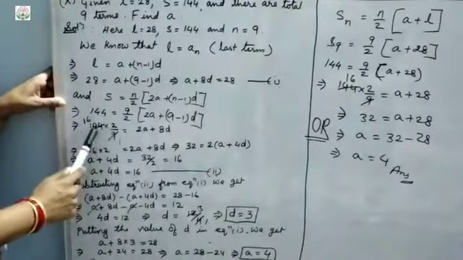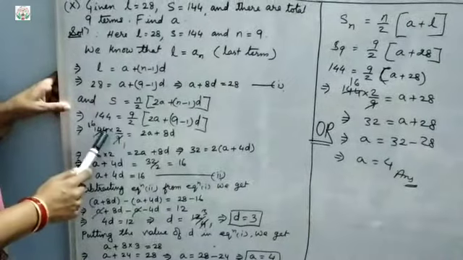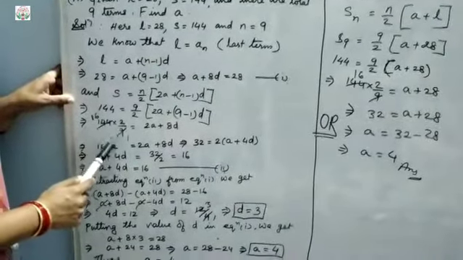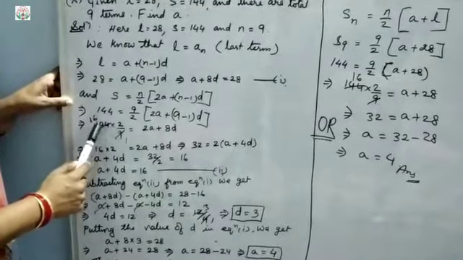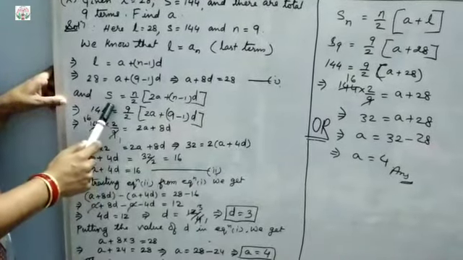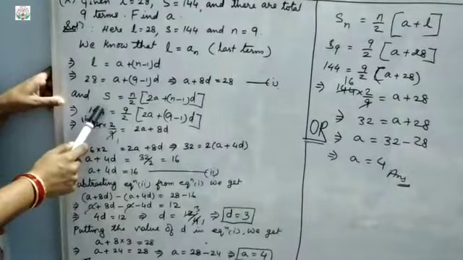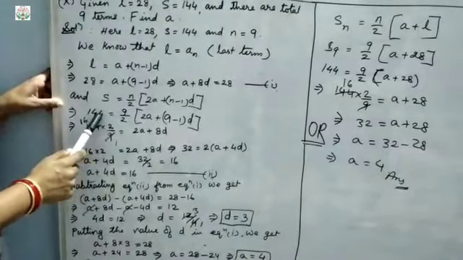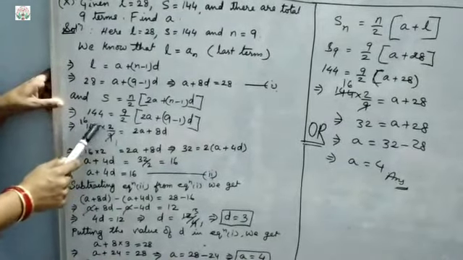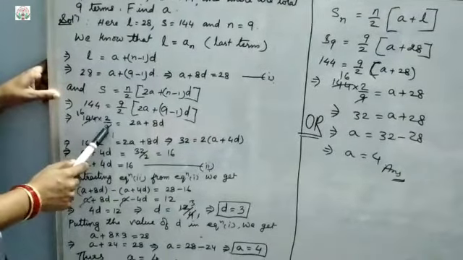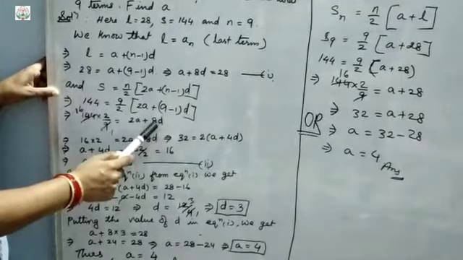Now on simplification, the 9 upon 2 will be transposed to the other side. Denominator becomes the numerator and numerator becomes the denominator. So 144 into 2 upon 9 equals 2a plus 8d.